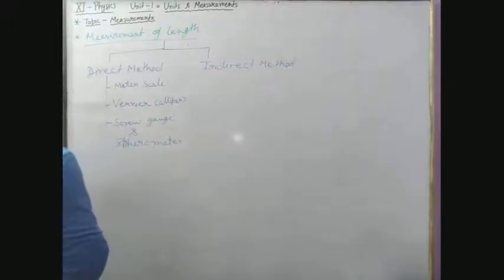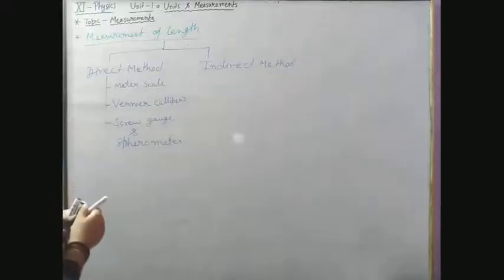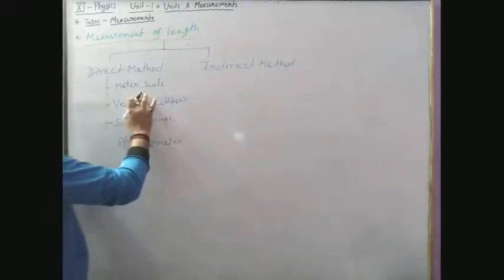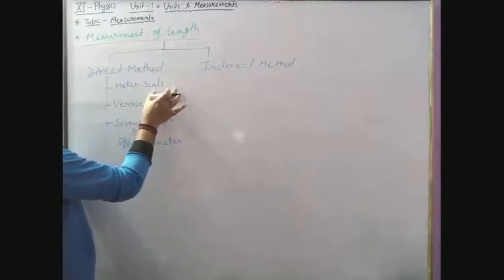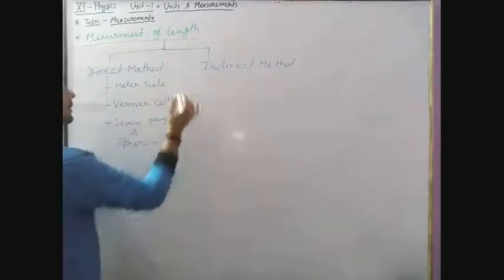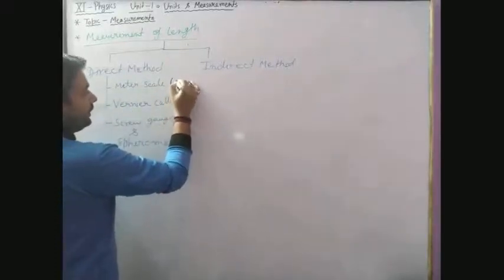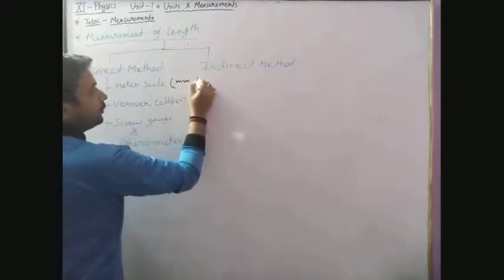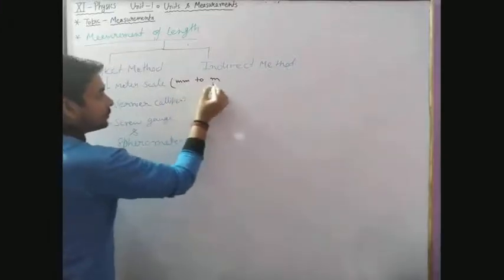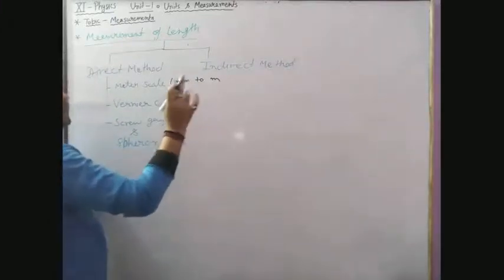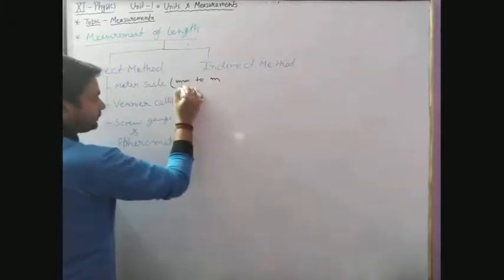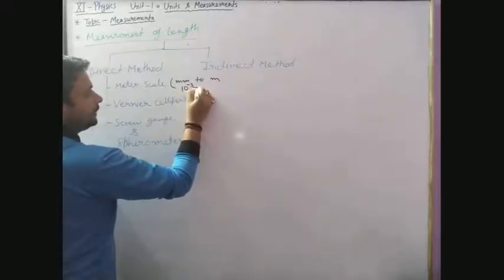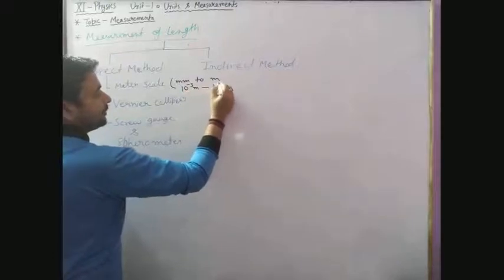Here I will just tell you the minimum and maximum measuring range of these. You can measure millimeter to meter with the help of a meter scale. So you can measure about 10 to the power minus 3 meter to 10 to the power 2 meter.